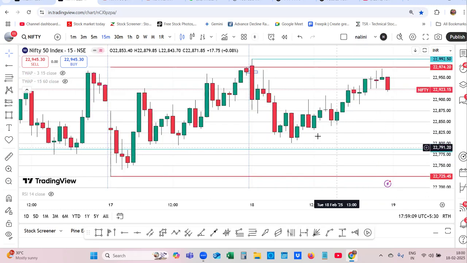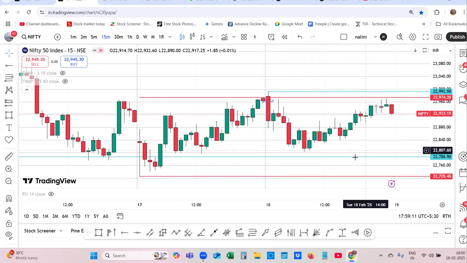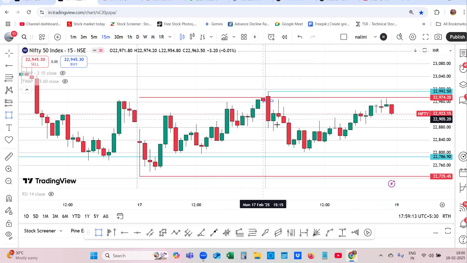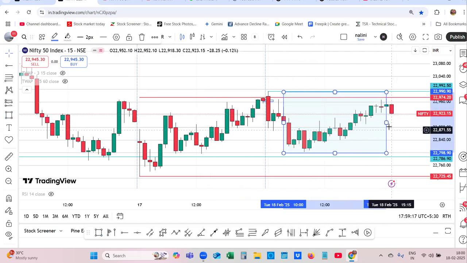Today, the market has closed in between, in the range, not to the higher side or to the lower side. So this is a very, very simple strategy you can utilize.